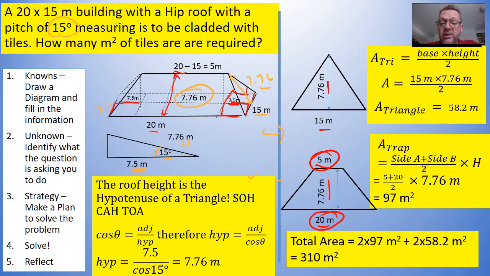Then you treat it like a rectangle, so it's 12.5 multiplied by 7.76, and that's going to be 97 square meters. Now remember, we've got two triangles and two trapezia. So we'll add the two trapezia together, and then add the two triangles together, and that will give us a total of 310 square meters.